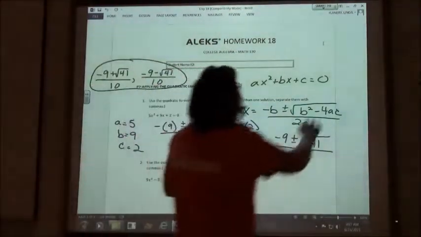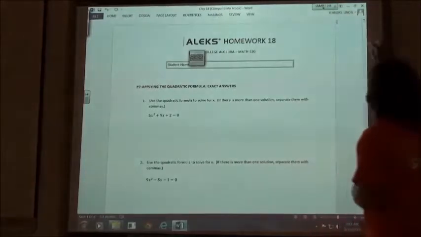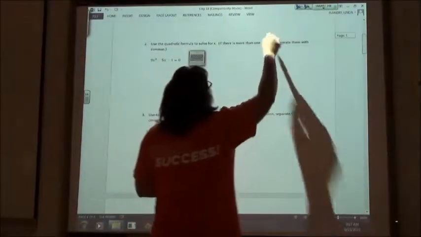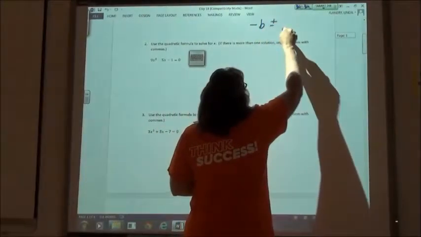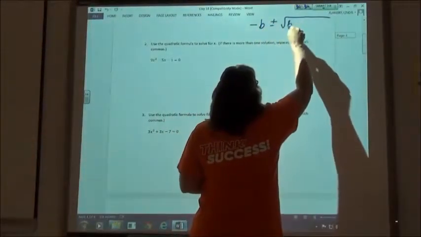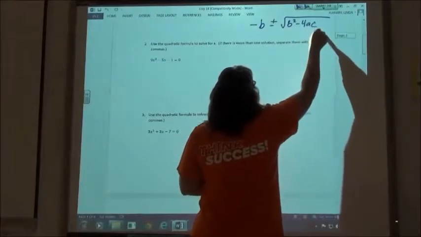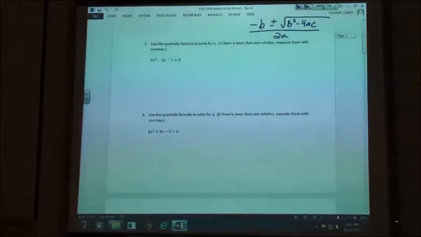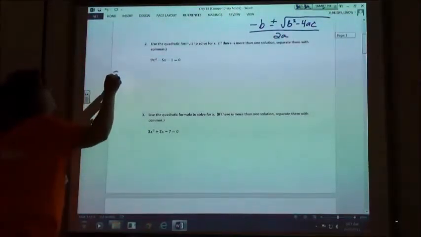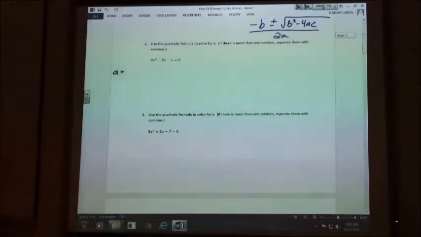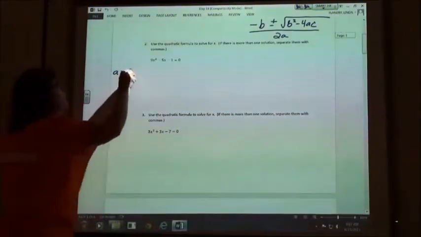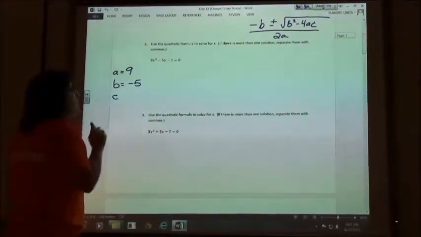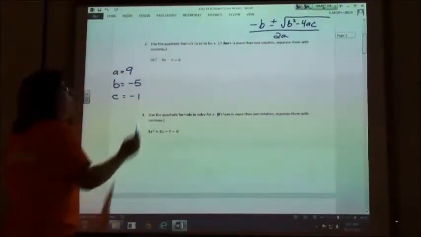If I move down there to number 2 then. Again, I'm going to have minus b plus or minus the square root of b squared minus 4ac over 2a. And so in this one, my a value is going to be 9, my b value is negative 5, and my c value is negative 1.